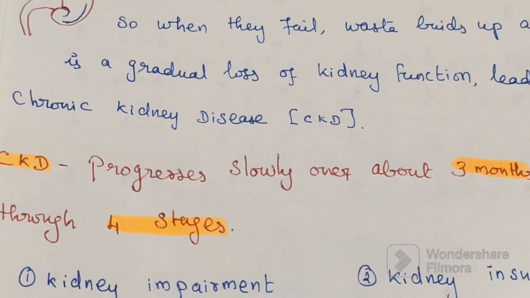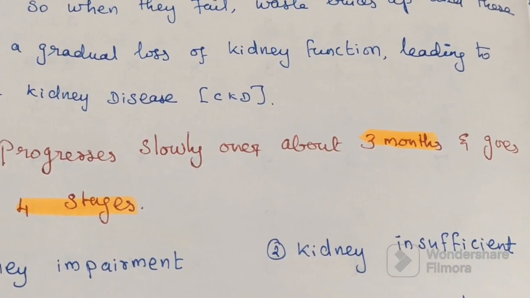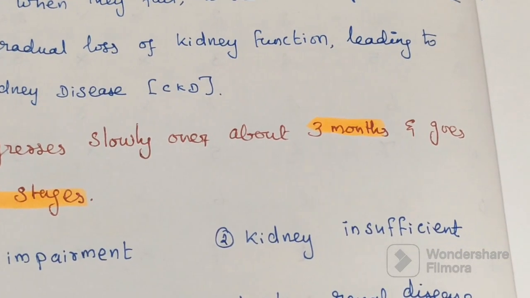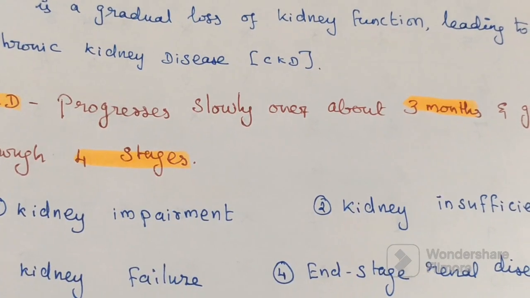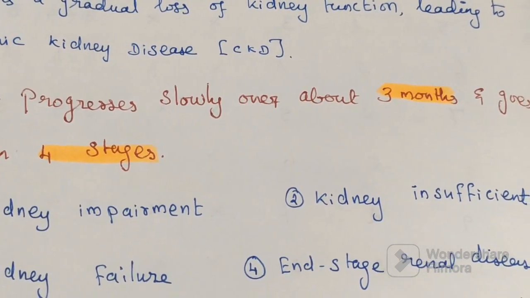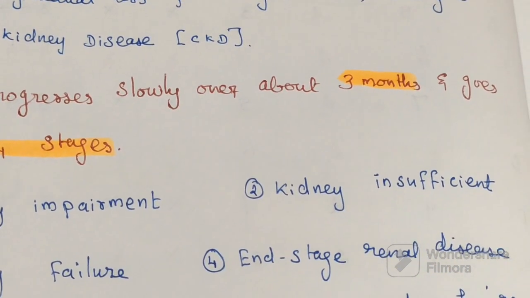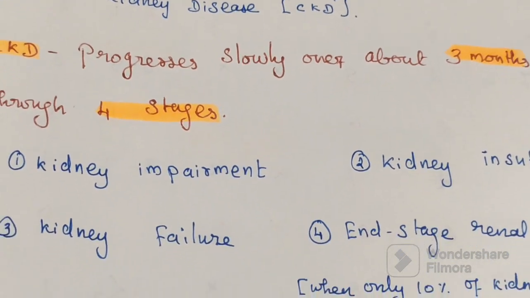Chronic kidney disease progresses slowly over about 3 months and goes through 4 stages.